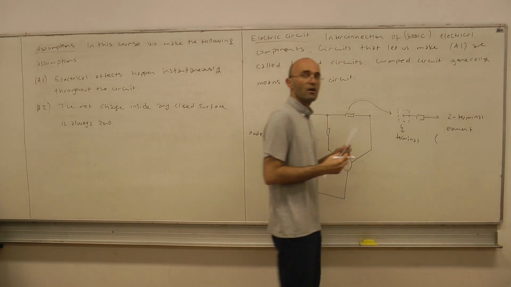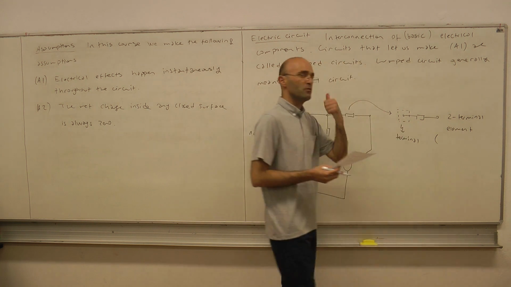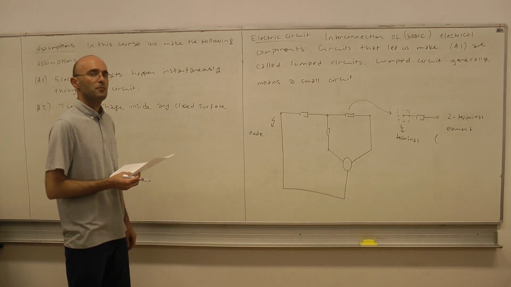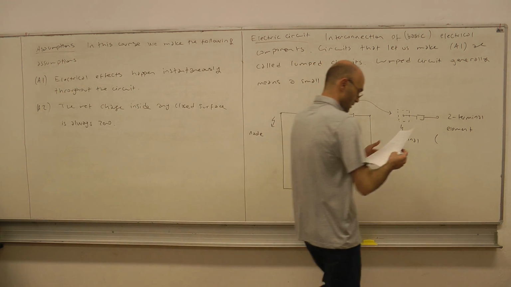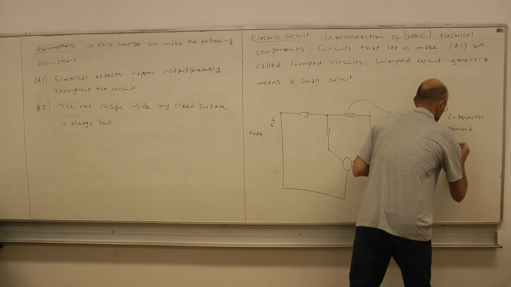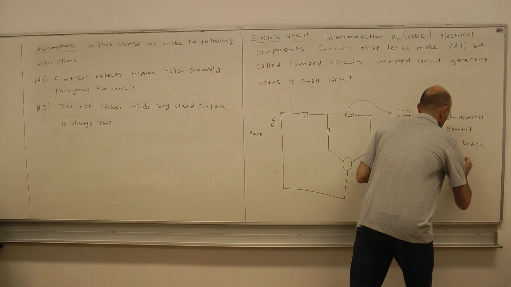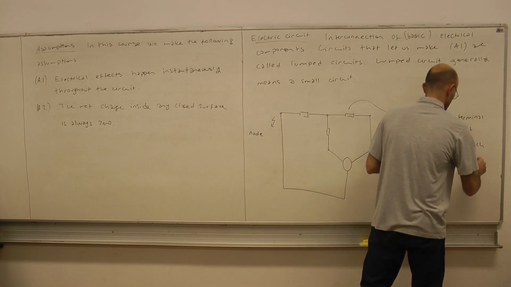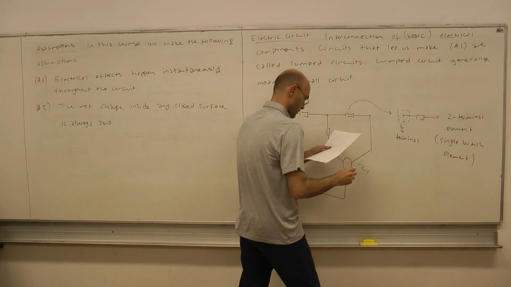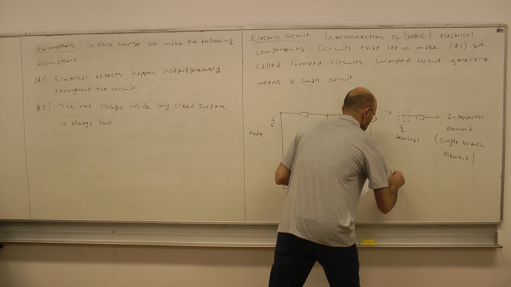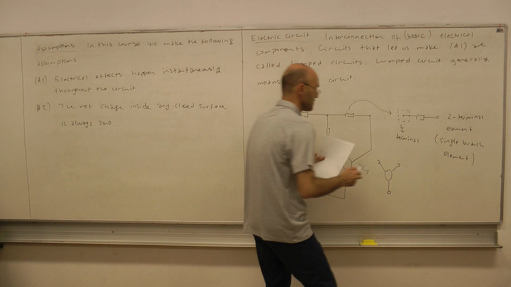Sometimes 2-terminal elements are called single branch elements, and the word branch we will use once we study circuits from the graph theory point of view. So this is also called a single branch element. Okay. And this thing, if we draw it separately, is a 3-terminal element.